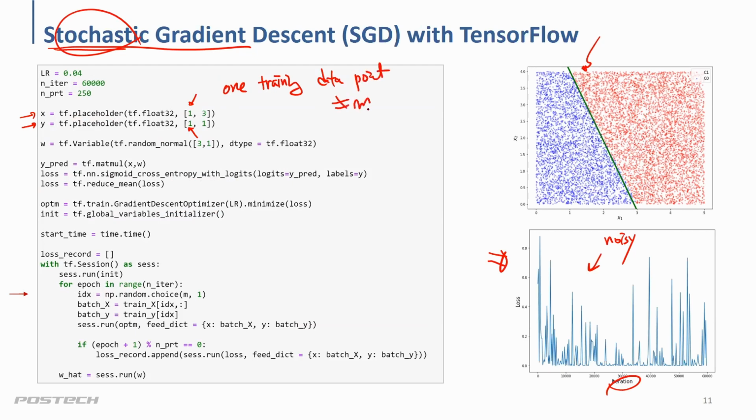It's not M. X and Y are placeholders, and I'm gonna feed it a batch of X and a batch of Y. Here, how we define the batch: among the entire training data set, I randomly pick only one. That's how we implement the stochastic gradient descent.